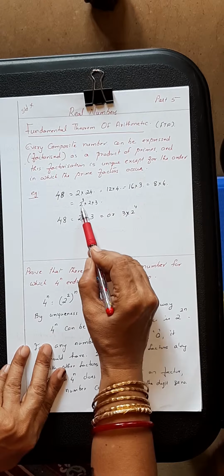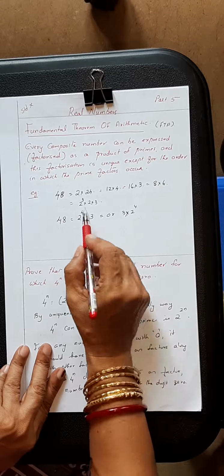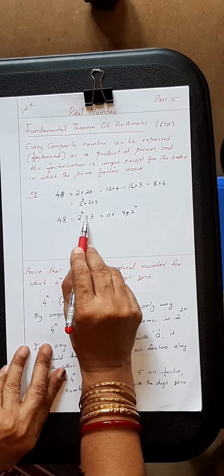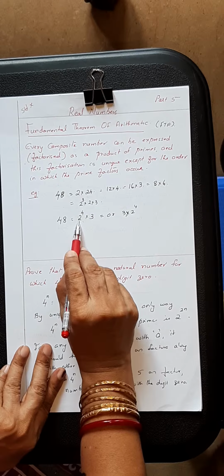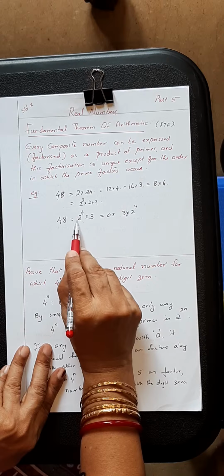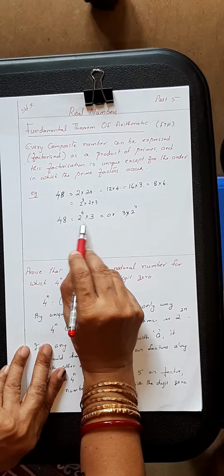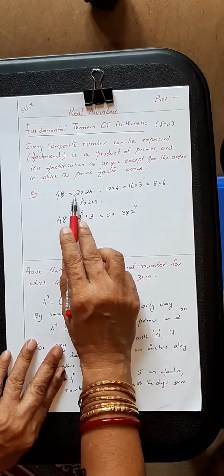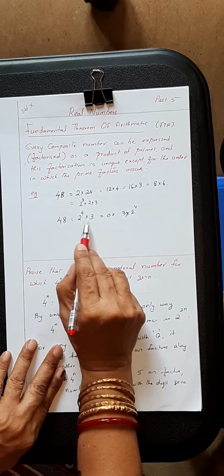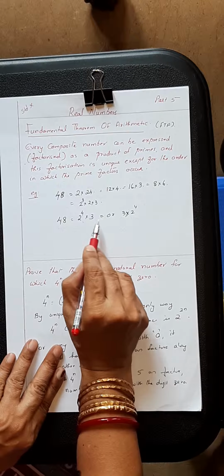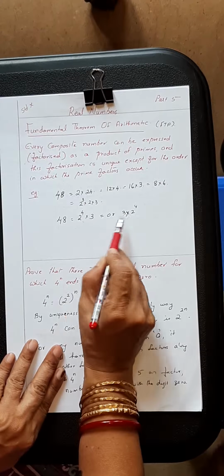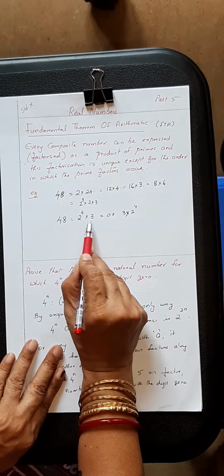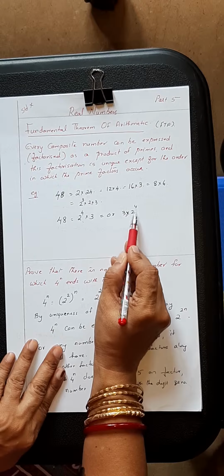So we will again convert it and write a product of only the primes. So when you write, you get 2 to the power of 4 into 3. So 2 is a prime and 3 is a prime. So we can write it only in this way. You cannot write it in any other way except this. Because you are writing it as a product of primes, at most you can write it as 3 into 2 to the power of 4, instead of 2 to the power of 4 into 3.